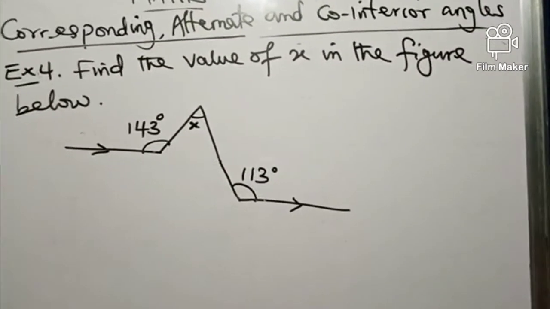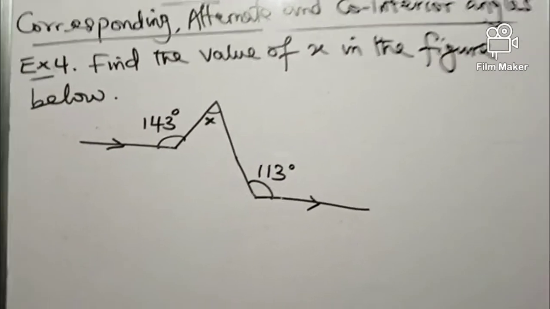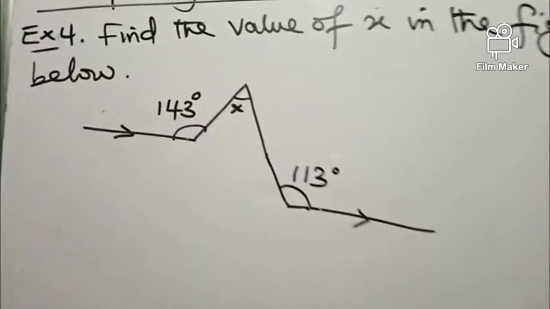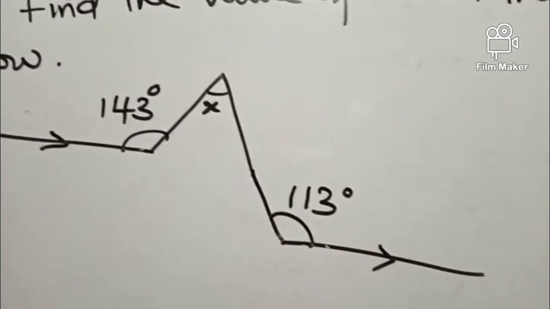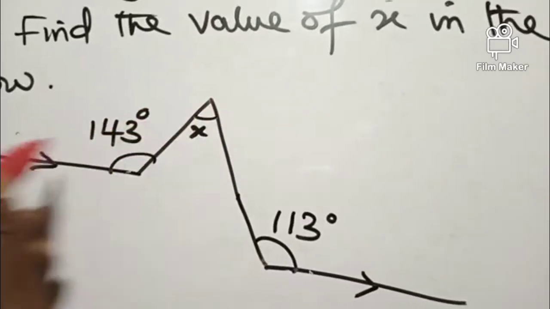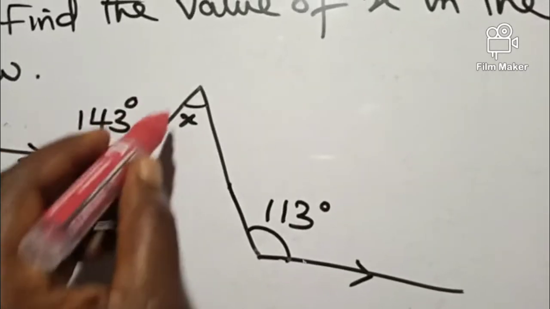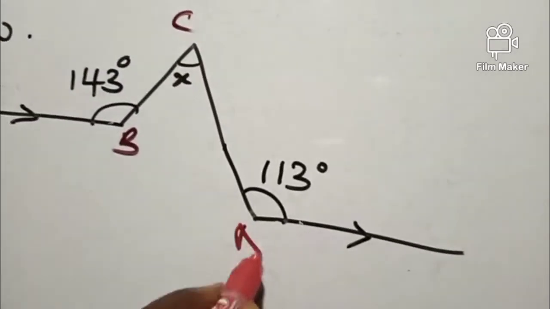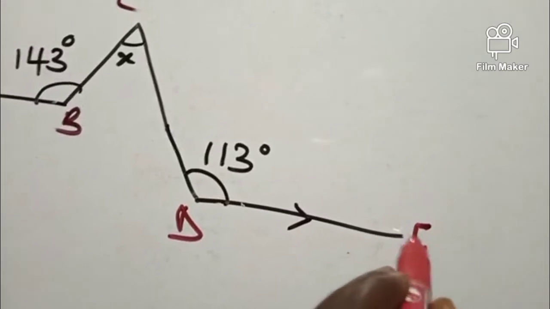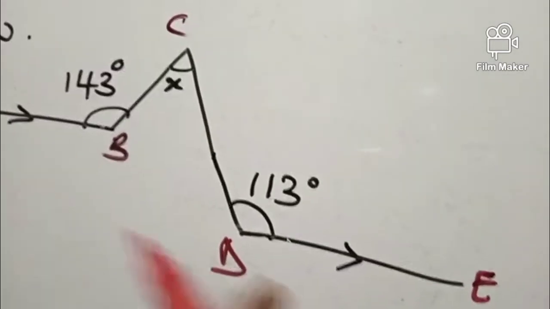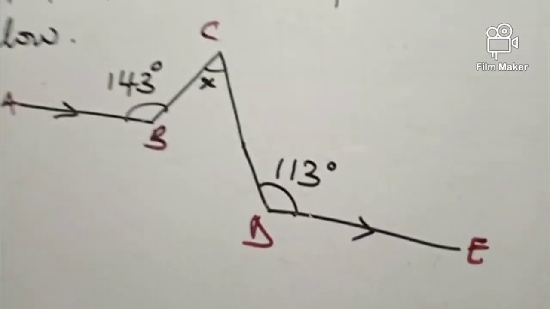Example 4. Find the value of X in the figure below. In this figure, this line and this other line are parallel. So if I name this one AB, and this is C, D, and this is E. Since this line and this line are parallel, how do we get the value of X?